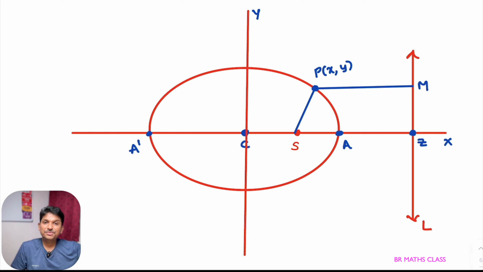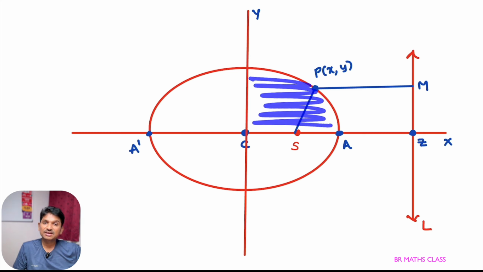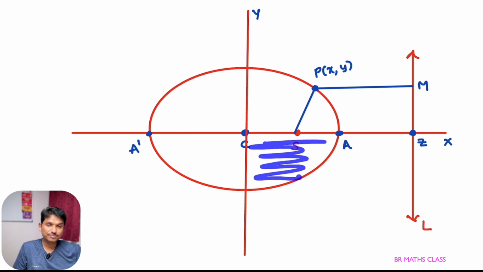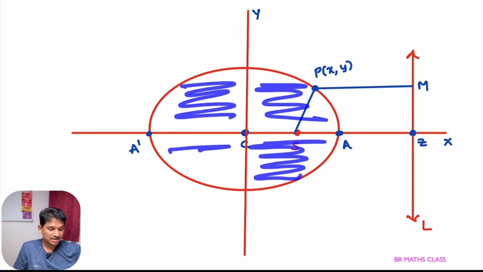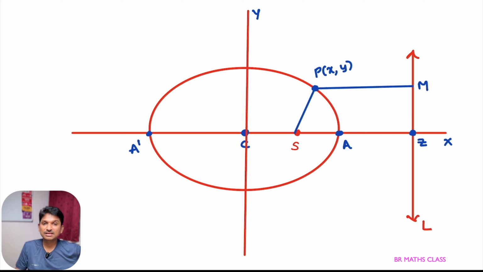See, this ellipse is symmetrical about coordinate axis. Coordinate axis means this area is same as this area. All these four areas are same, symmetrical. Because of this symmetry, this ellipse will get one more focus and one more directrix.